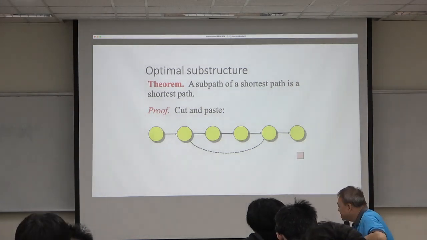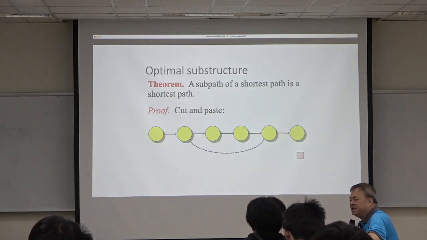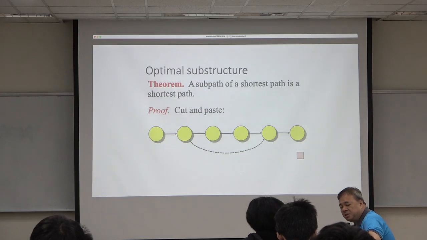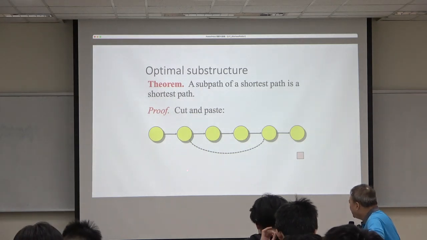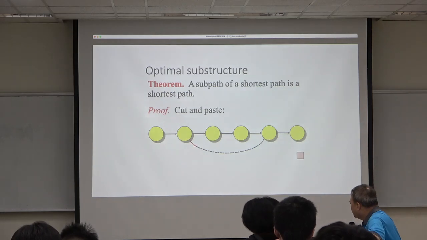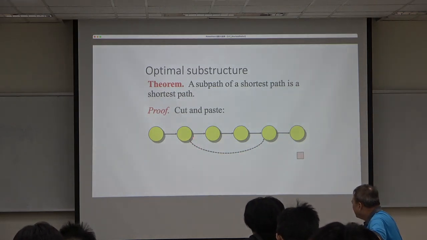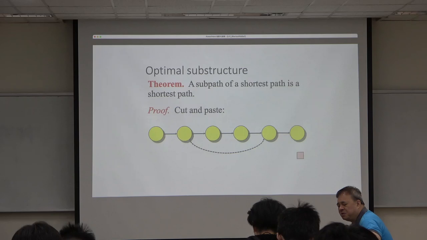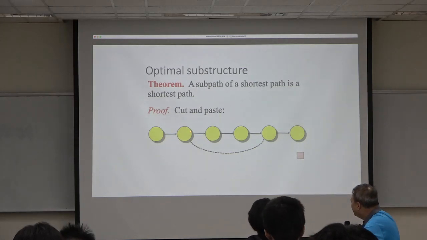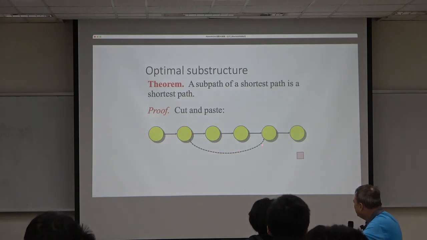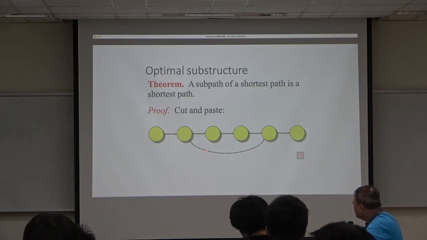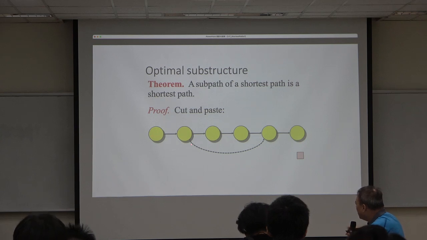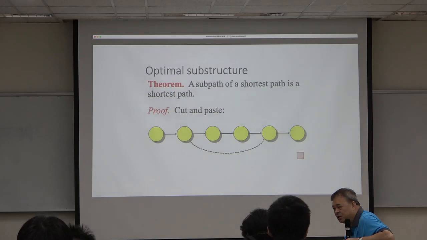If the subpath from U to V is not the shortest, we have another path with a weight lower than this subpath from U to V. Then what we need to do is very simple. We just replace this subpath with this new shortest path from U to V, and the total weight from the first node to the last node will be reduced, right?